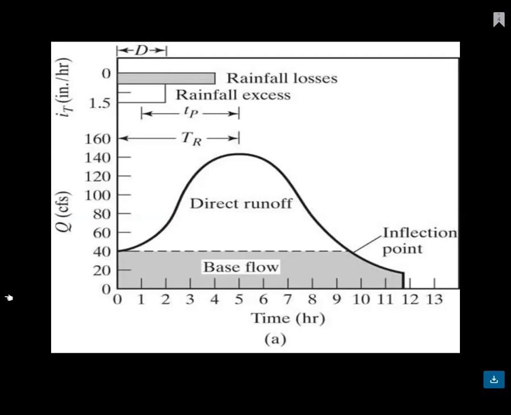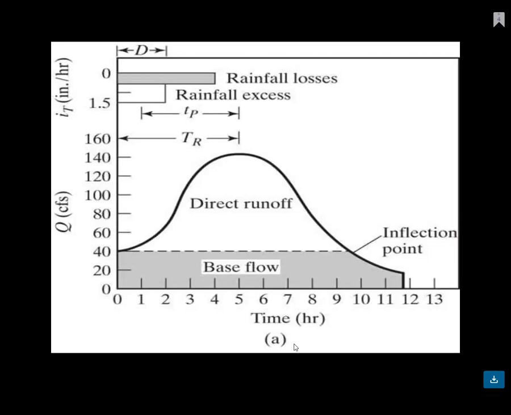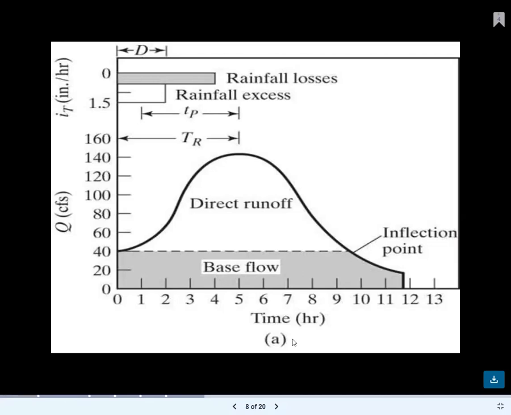Discharge is expressed in meter cube per second, and time is expressed in hours. You can express in a different unit also: instead of hour you can take day, instead of day you can take month.